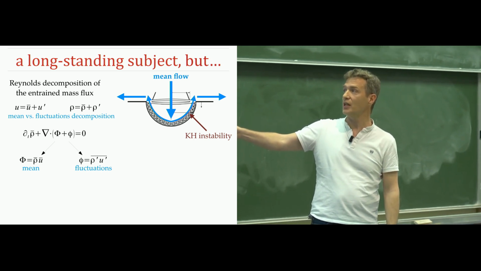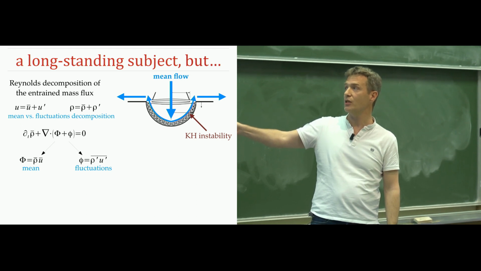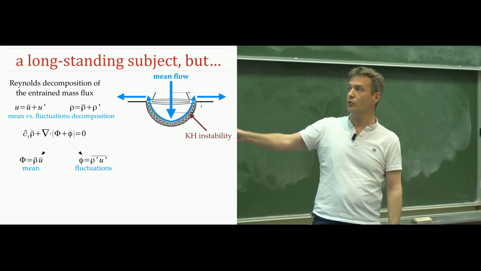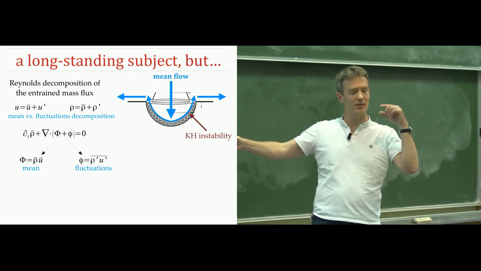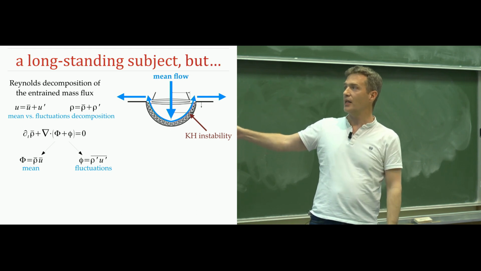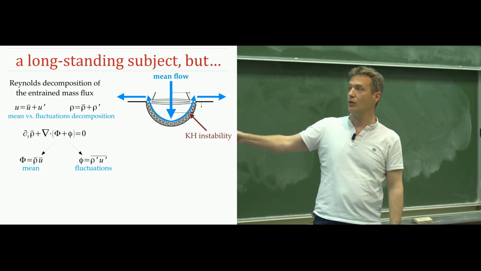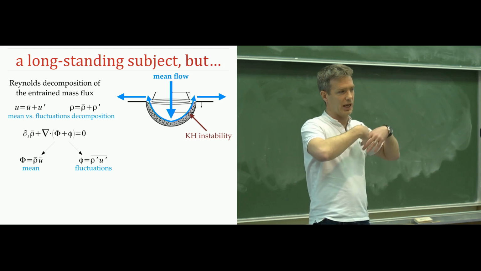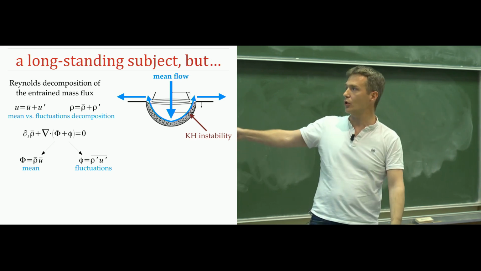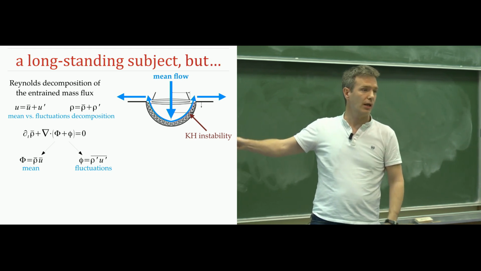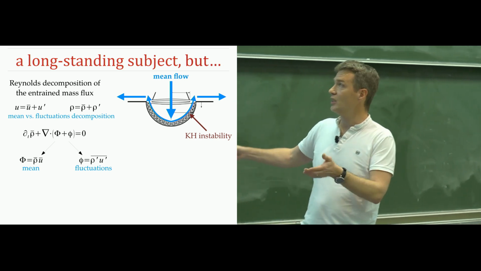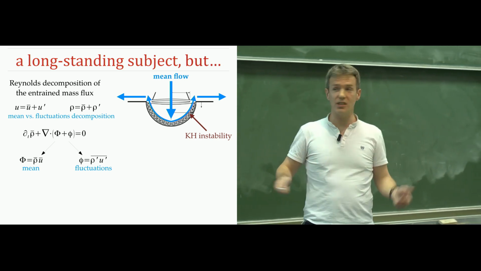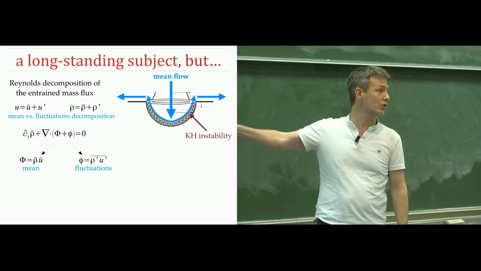The time derivative of the mean concentration is the gradient of the fluxes. You have two types of fluxes: the mean flux, which is the product of the mean density and the mean velocity, and then a flux coming from the fluctuation. Everything that is turbulent goes into that term. Very schematically, what you need to solve your system is a model of this term.